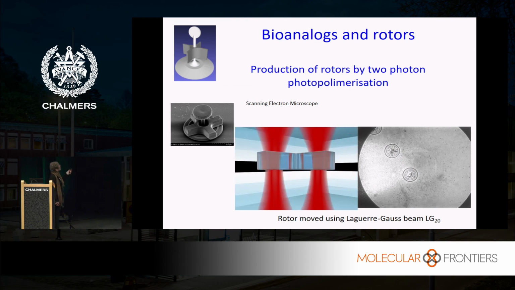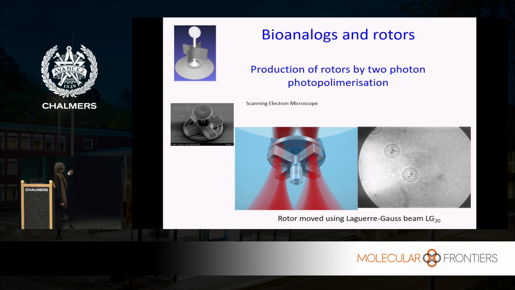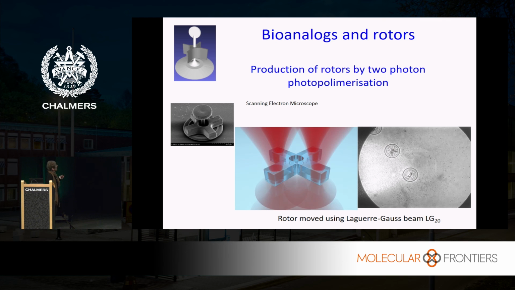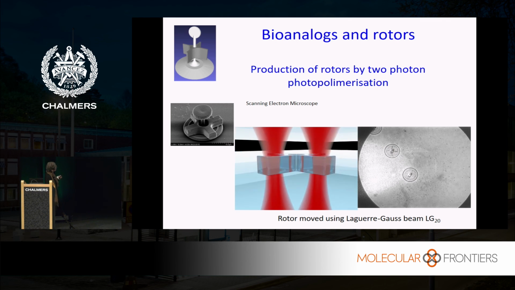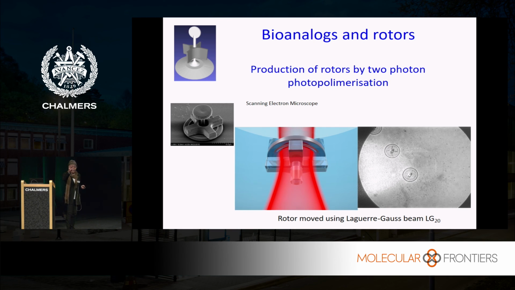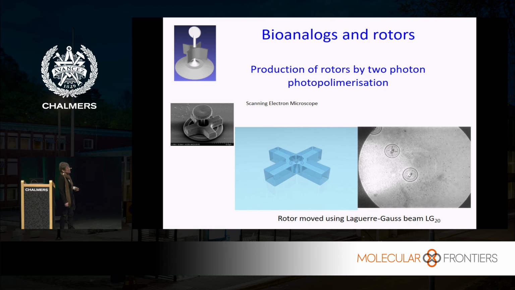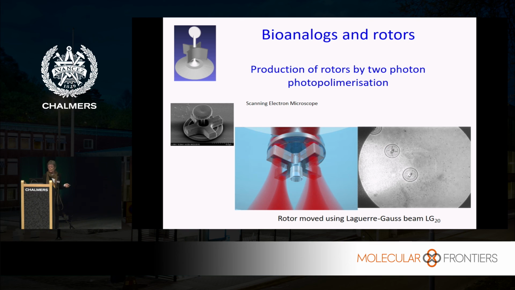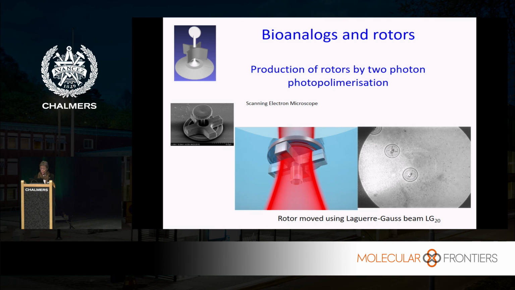For example, I can produce a stirrer here, and you see the scanning electron microscope picture of it. What we do is produce the cog separately from the stalk, and then I take 4 spots of optical tweezers and thread the cog onto the stalk, and then I come with an orbital angular momentum beam and rotate the cog on the stalk.